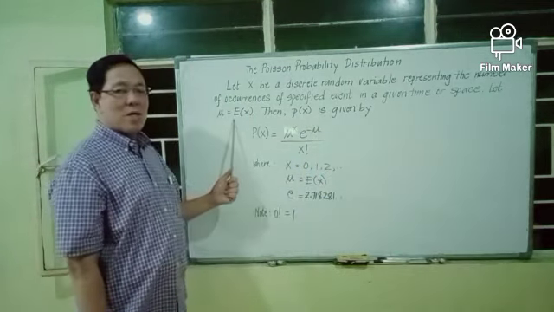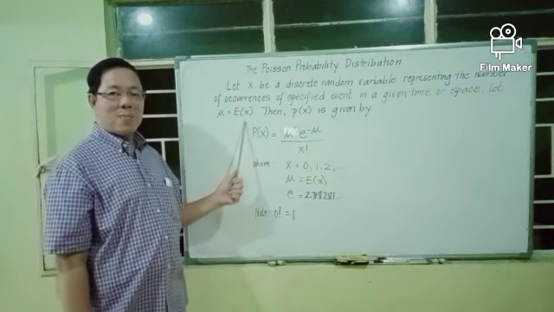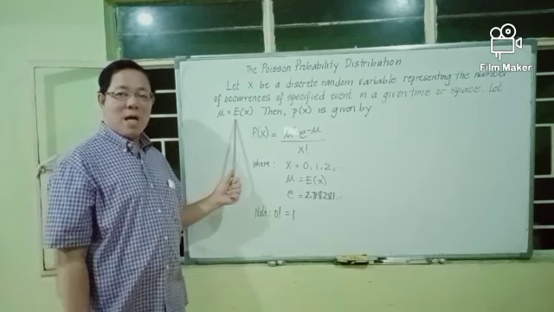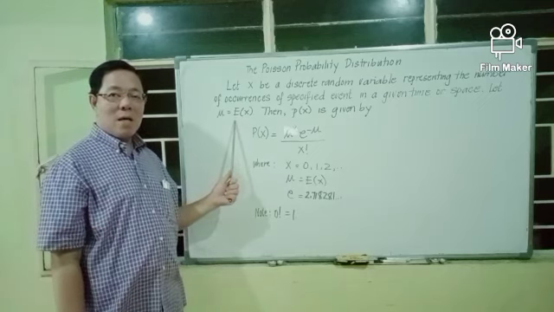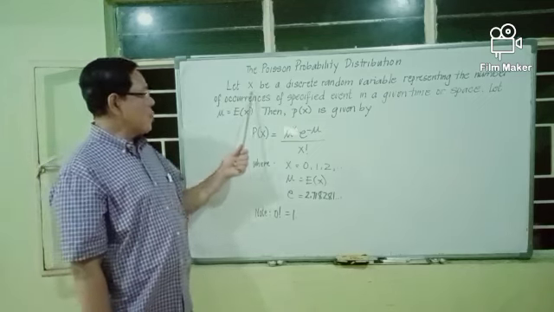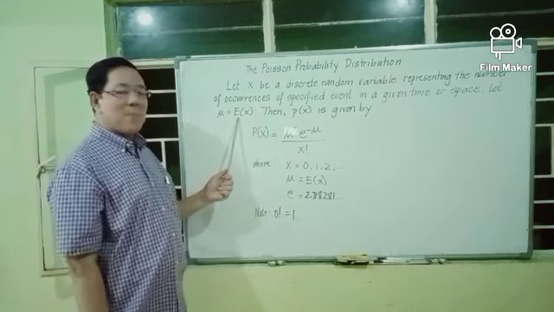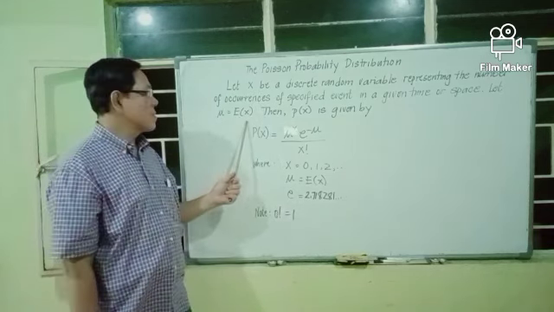Let mu equal the expected value of x. So mu here is the average or the mean of the values of the discrete random variable x, or it is the expected value of x.